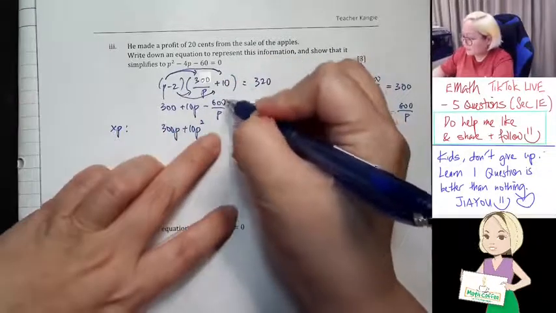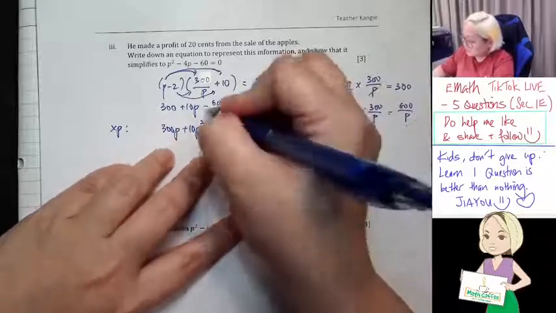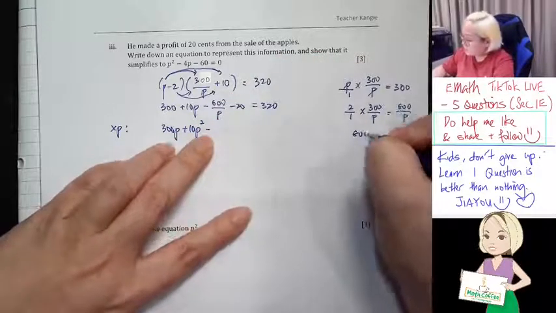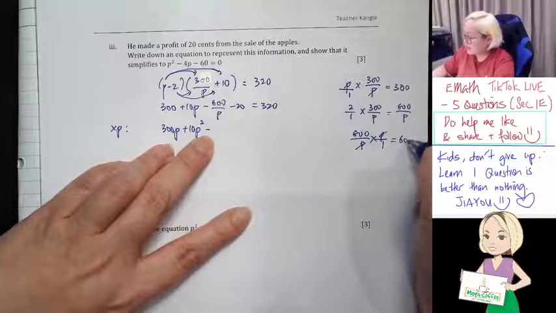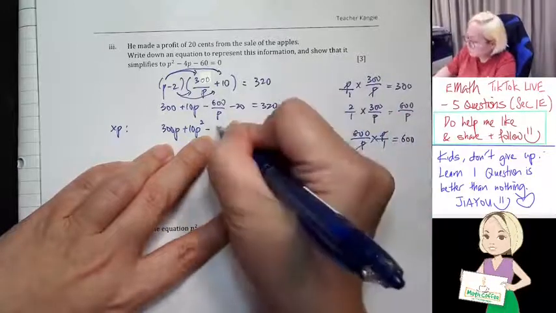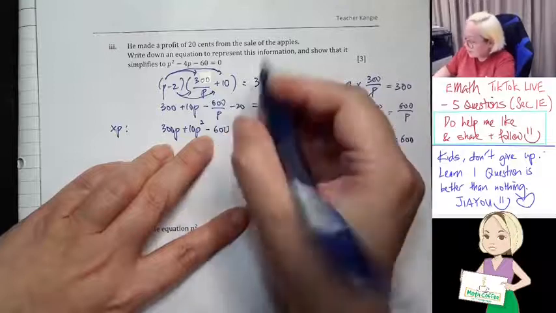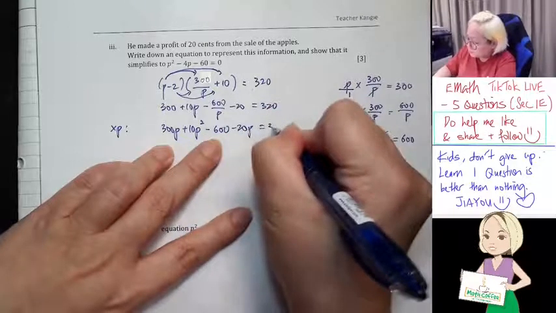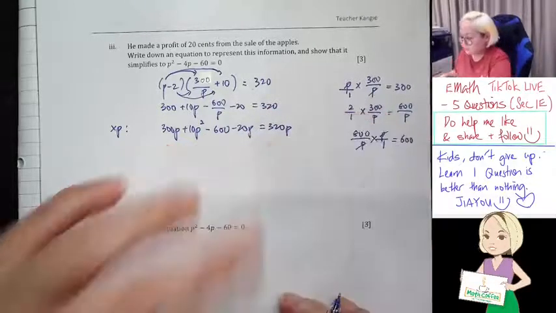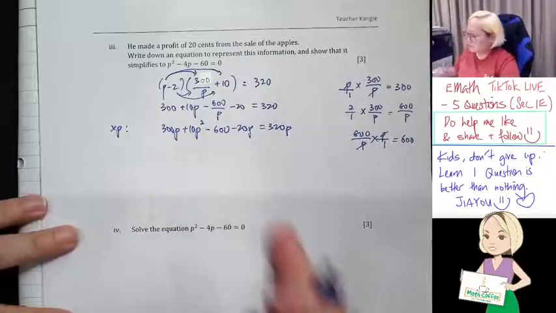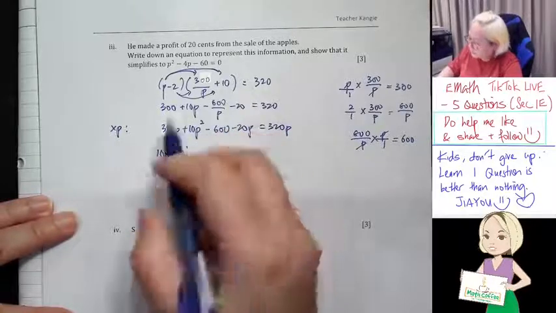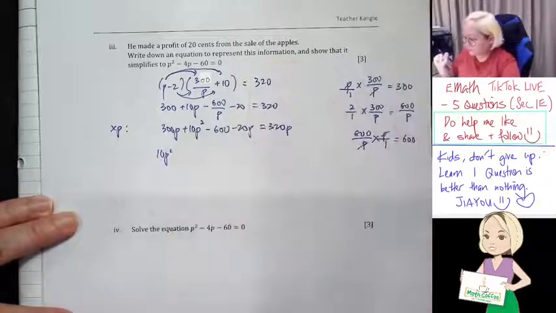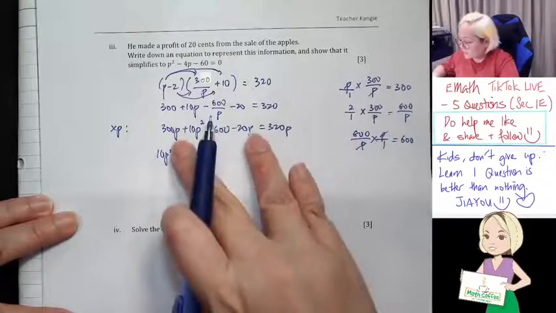This one, 600 over p, I'm going to bring the minus down. 600 over p, when I times p, cancel, actually becomes 600. So this is 600. Minus 20p equals to 320p. Okay, so now I'm going to throw everything to the left hand side. So 10p square, I just shift it because I want to arrange in p square, the p, and then the number.